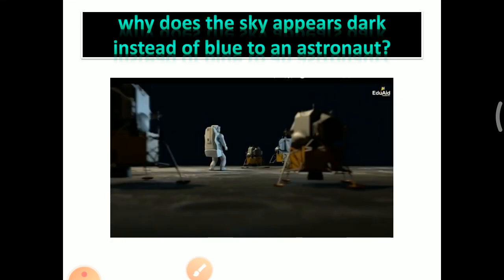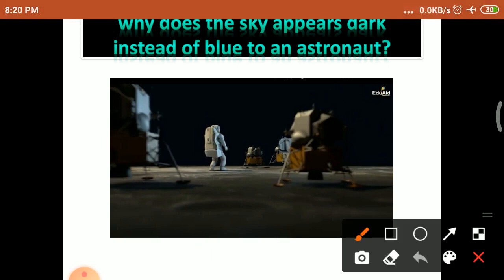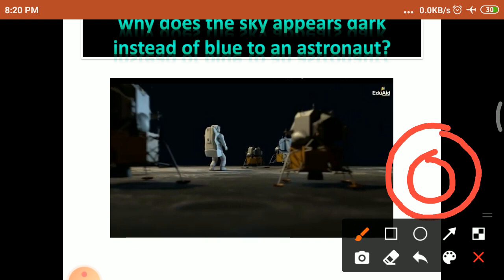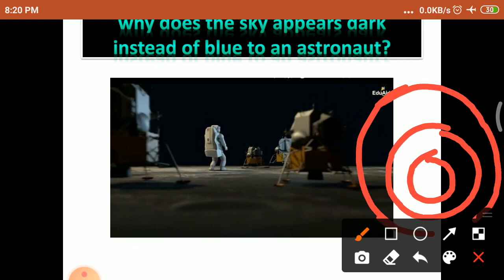Now the second question, why does the sky appear dark instead of blue to an astronaut? You know that this is Earth and this is the Earth atmosphere. So the astronauts are in outer of our atmosphere. So this astronaut peoples are here. If you take in a space, there is no particles.